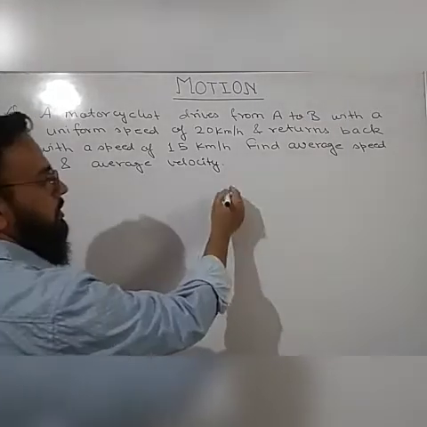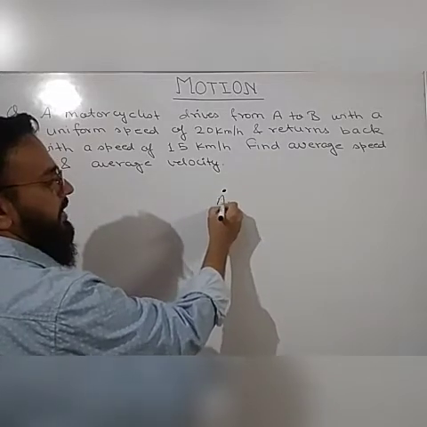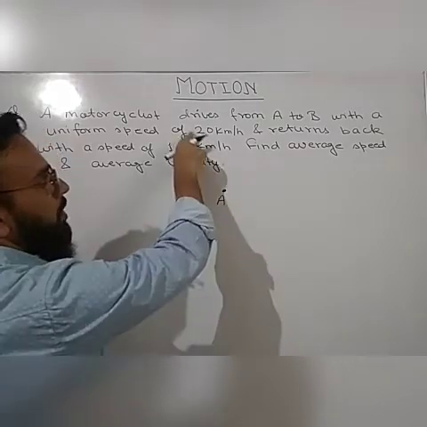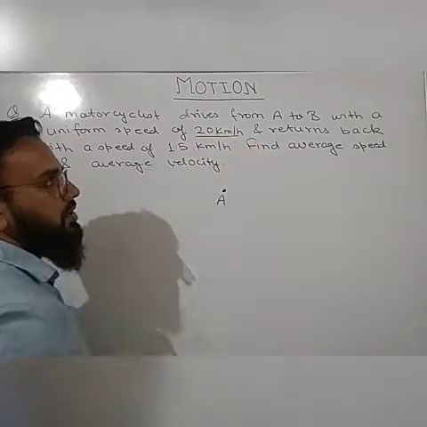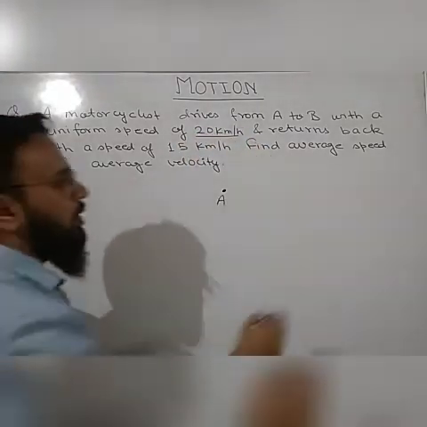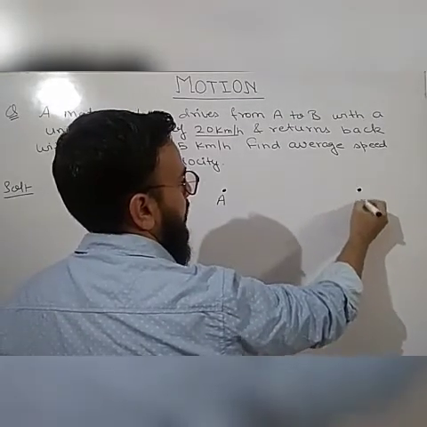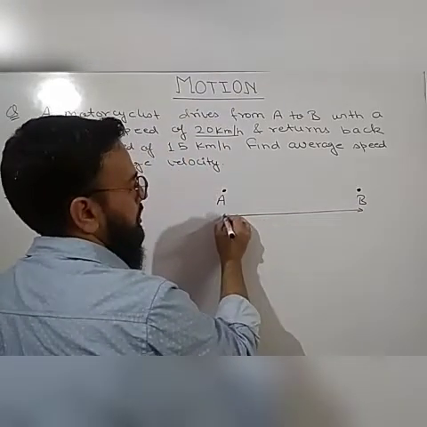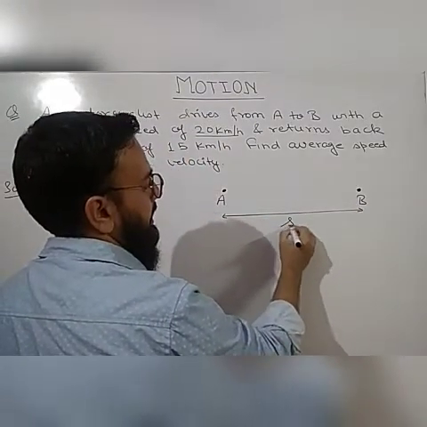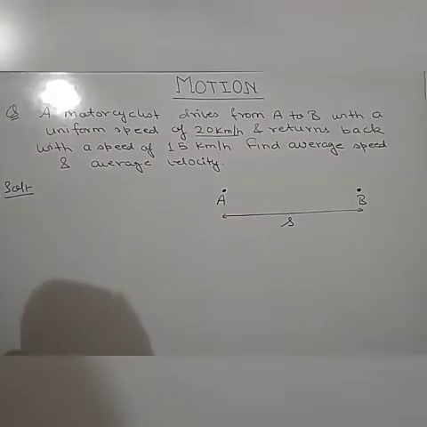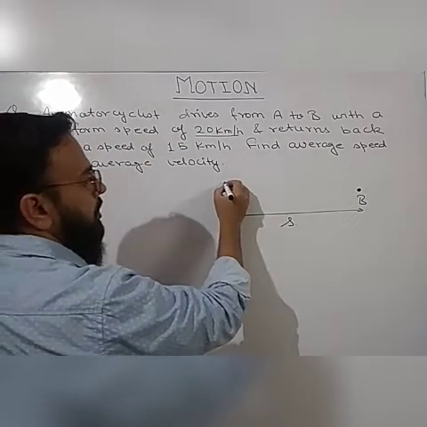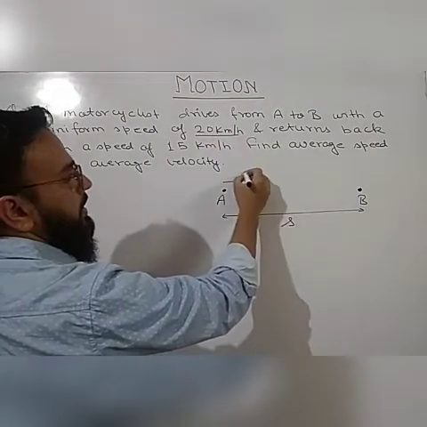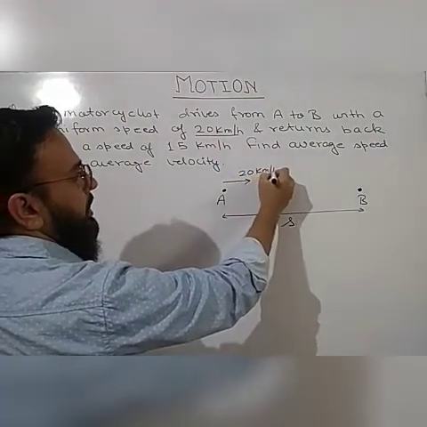So let us suppose the motorcyclist starts from this point A and it starts moving with a uniform speed. It means this speed is constant, 20 km per hour from A to B. Let us consider this point is B, and the distance between A and B, let us consider this distance as S. So when it moves from A to B, its speed is 20 km per hour.